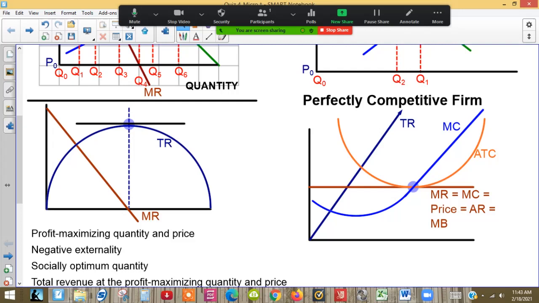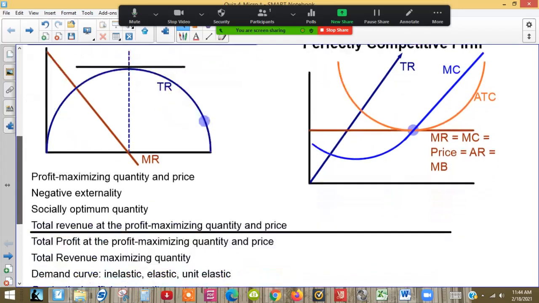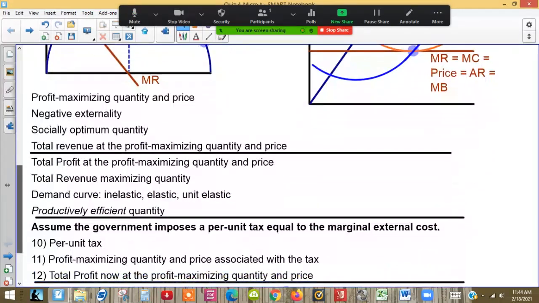So the expression for elasticity is less than 1 from here down, because as the firm produces more, their total revenue is decreasing, because the percentage decrease in price is greater than the percentage increase in quantity. Okay, so that's how we know.